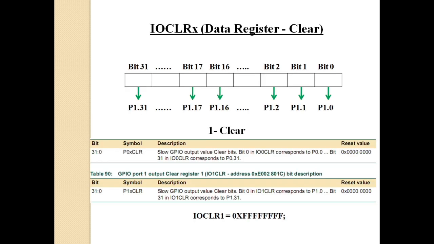15 megahertz frequency means 1 by 15 megahertz will be the time taken for one cycle to execute. That will be less than 1, some point something millisecond. So the time taken for execution of one instruction cycle is point something millisecond, because you have configured PCLK as 15 megahertz.